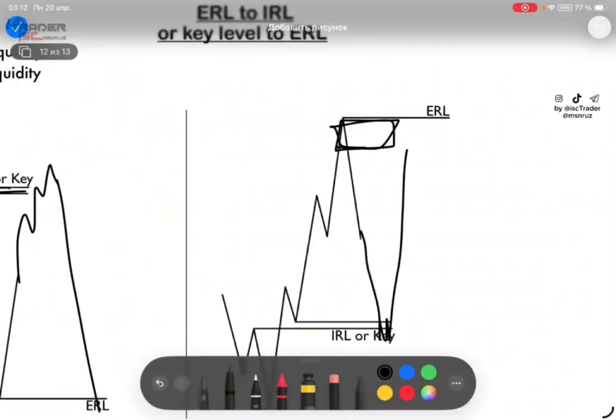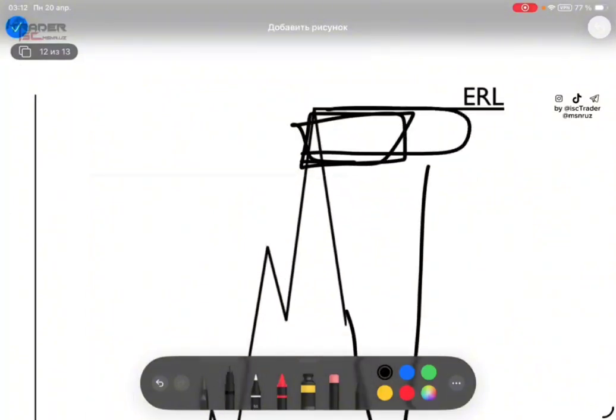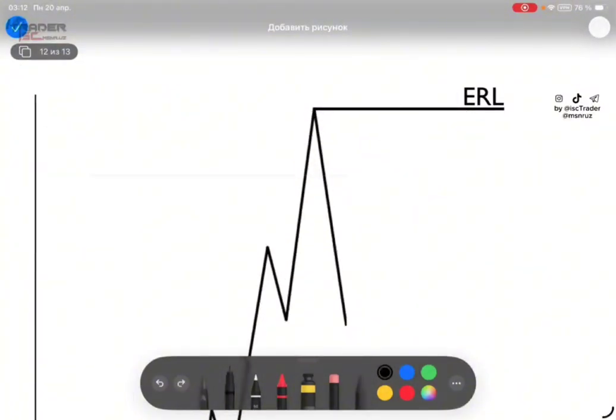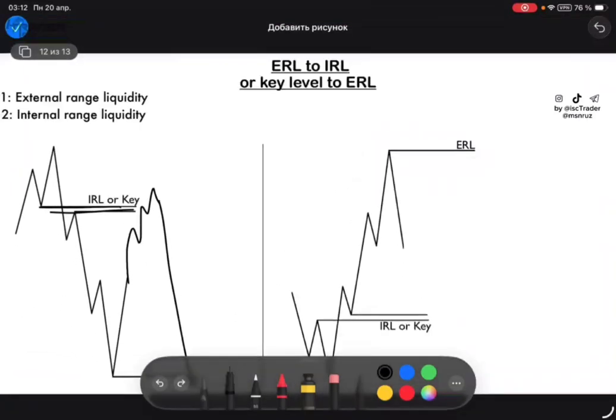While the market is continuing on its way, many people will enter from these zones and get stopped out. That's why you need to know this. It takes the inducement and moves to the external range liquidity. Our take profit will always be at the external range liquidity.